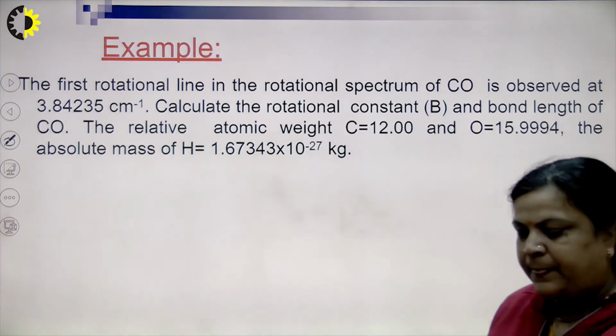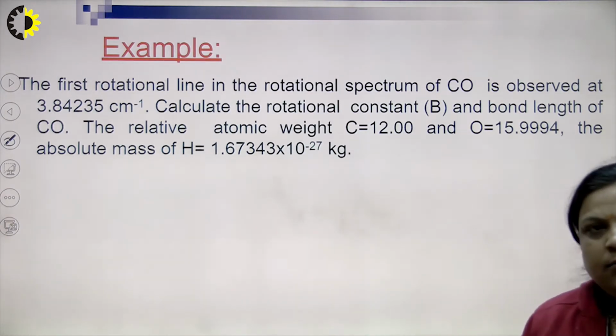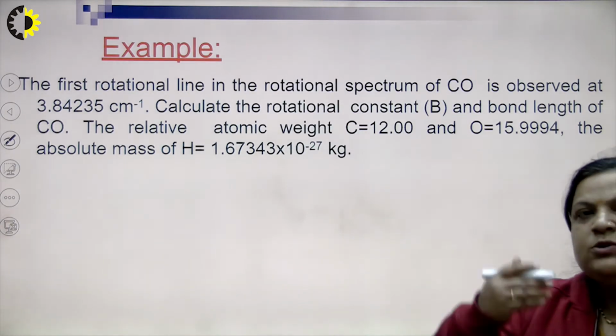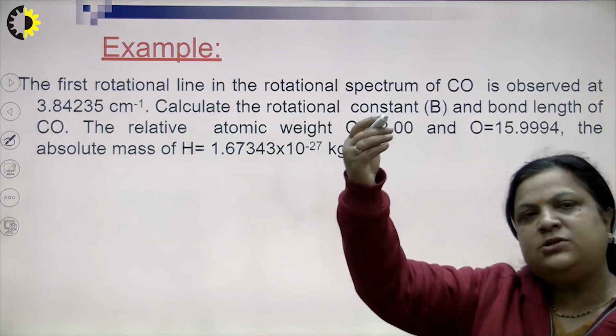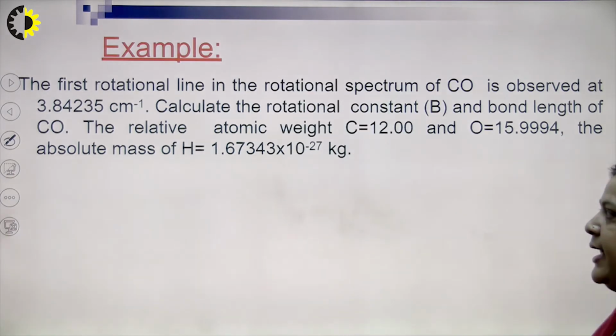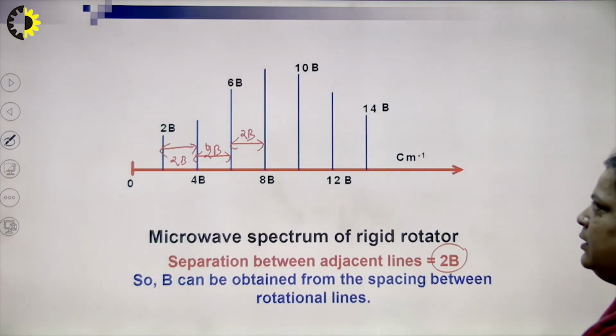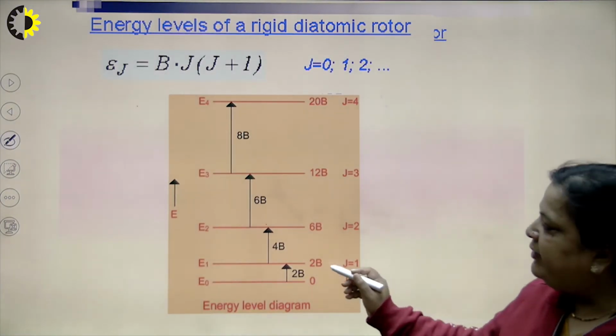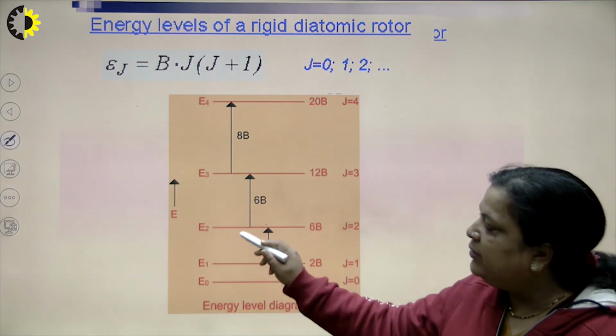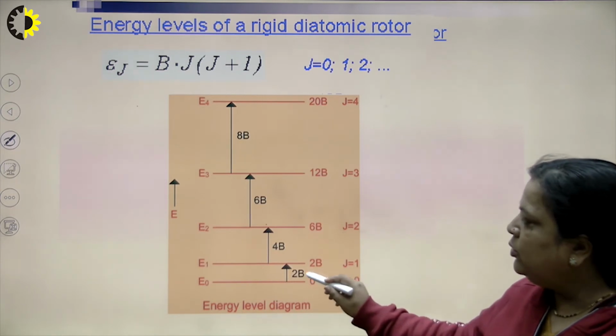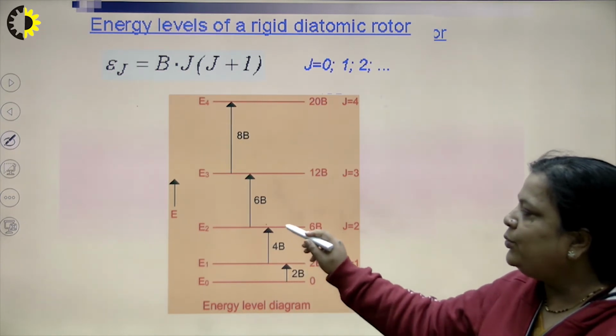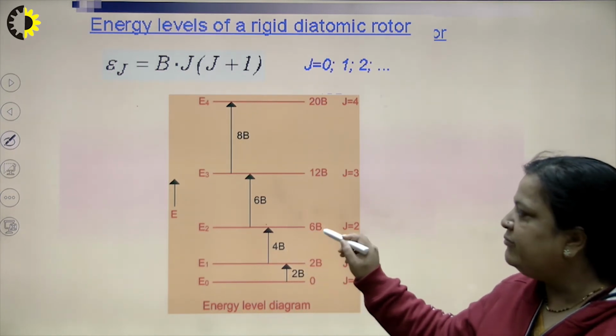Suppose a molecule wants to rotate from 0 to the second level. We can't calculate 0 to second level directly, but if we calculate from 0 to 1 and then 1 to 2, then 0 to 1 becomes 2B, and 1 to 2 becomes 4B. So, the overall sum will be 6B.